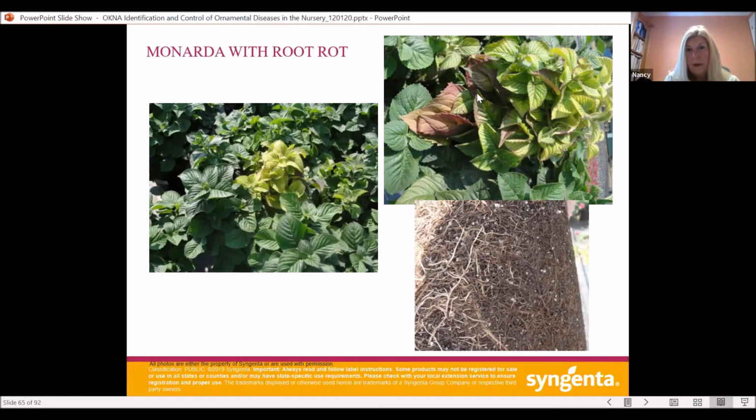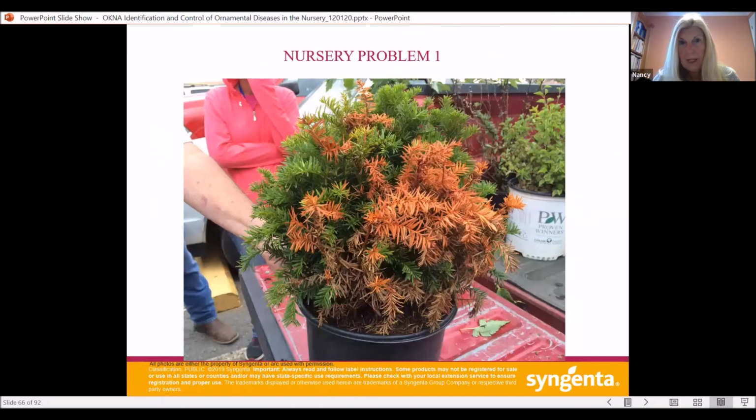And so if you take the pot out and you take a look at it closely, this whole area of the pot had a root issue. The roots were rotten, they were gone. You did have good roots on this side, so you didn't lose the whole plant, but you can definitely see the correlation between no roots and what that foliage is going to look like.